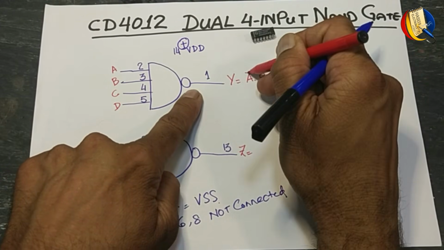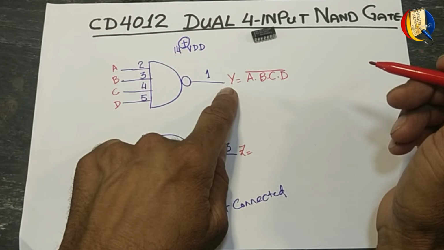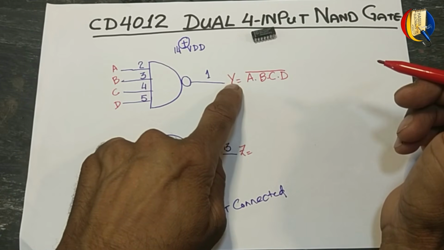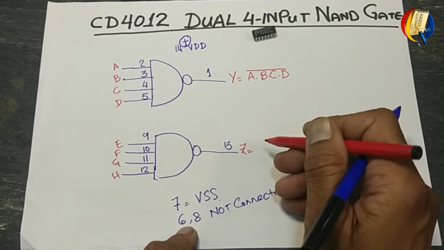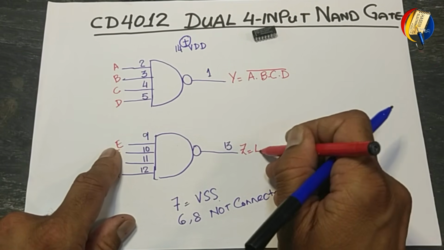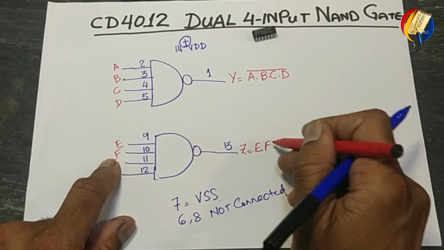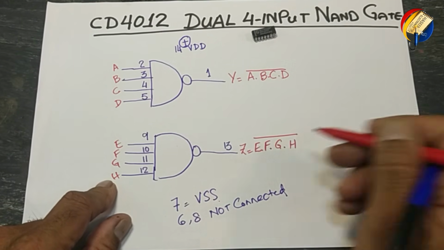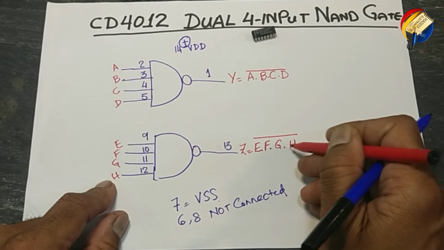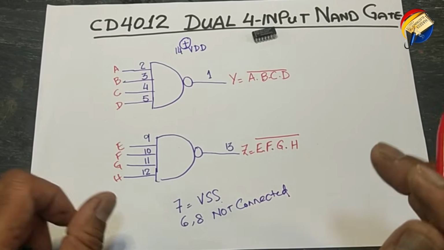After inverter, the output will be inverted. So the result will be Y is equal to A dot B dot C dot D bar. Same here, E dot F dot G dot H bar. Inverted function.